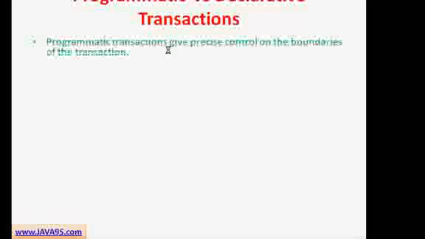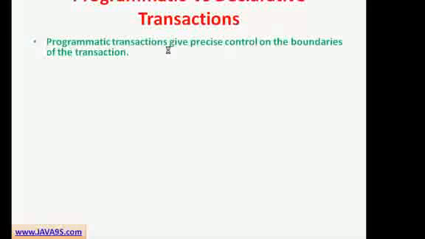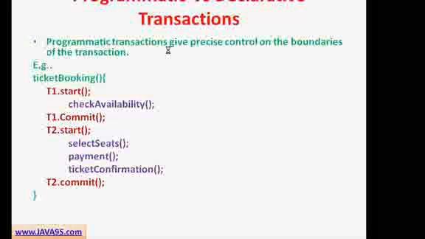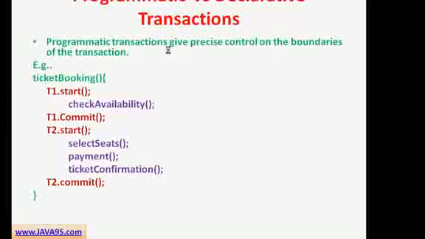And as we have said, Spring offers both programmatic and declarative transactions. Now let us see what is programmatic transaction. A programmatic transaction gives you precise control on the boundaries of a transaction. That means, let me explain this with an example. Say I have a method known as ticket booking here.